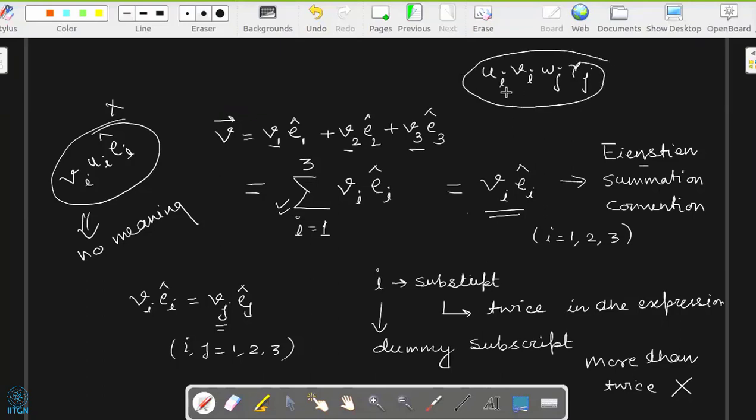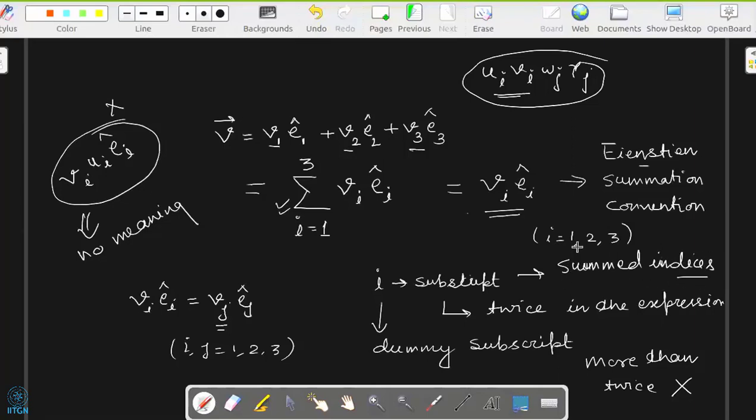Here, the dummy index is also known as the summed subscript or summed index, because we are doing the summation over this subscript.